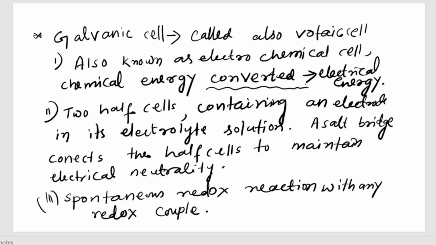What is the function of the salt bridge? In one line, it connects the half cells to maintain electrical neutrality. How, we will see later. Electrical neutrality means how many electrons are coming, and we will observe all these things regarding the solutions present in the beakers.